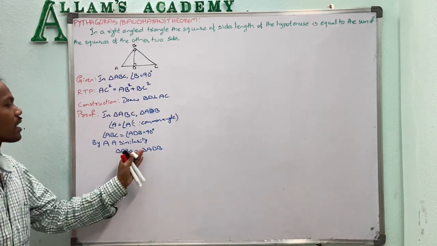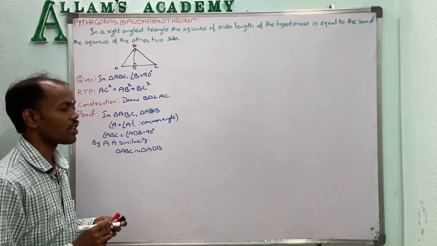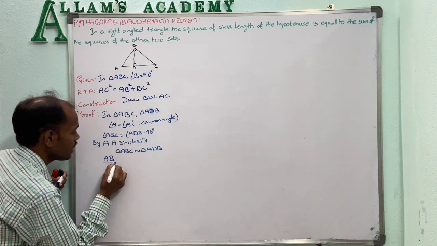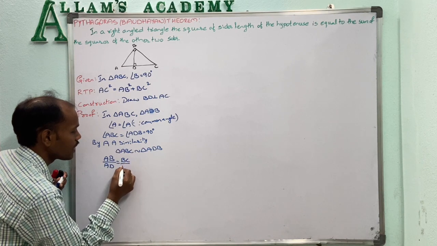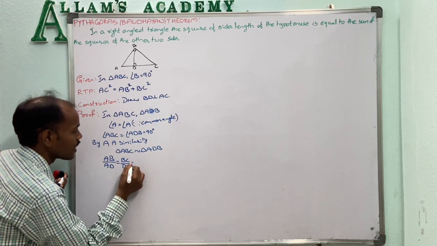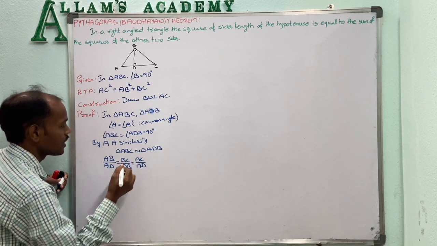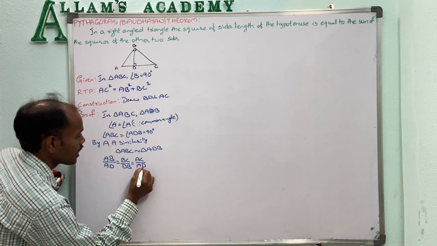So their corresponding sides ratio is the same. So AB by AD equals BC by DB, which equals AC by AB.